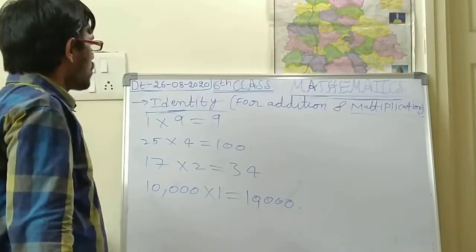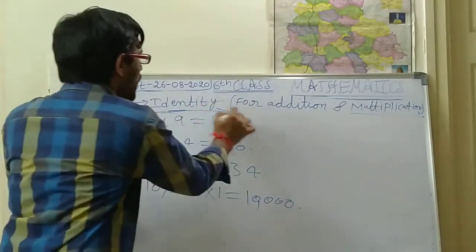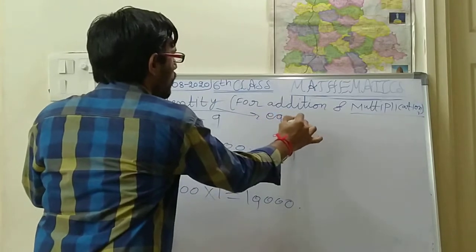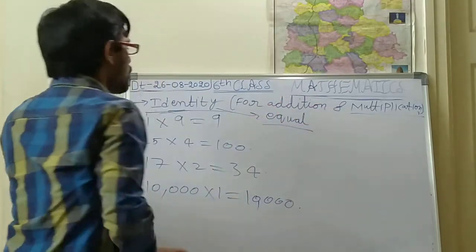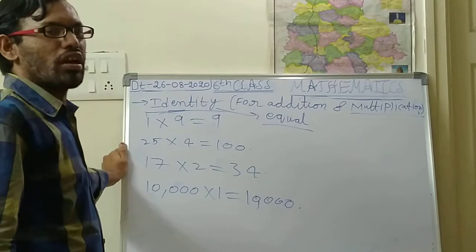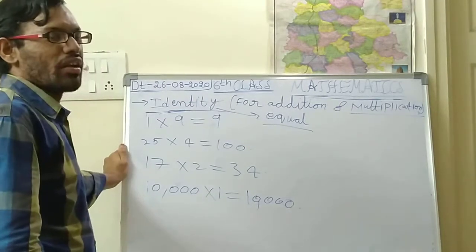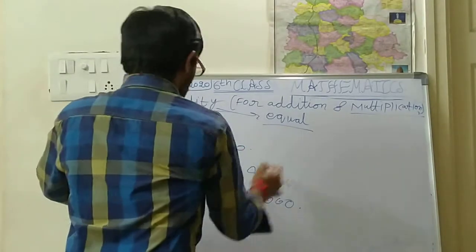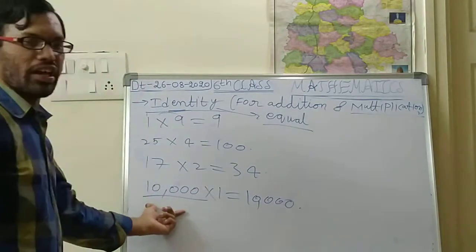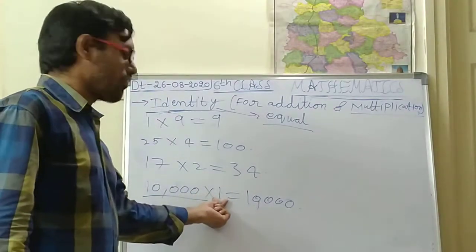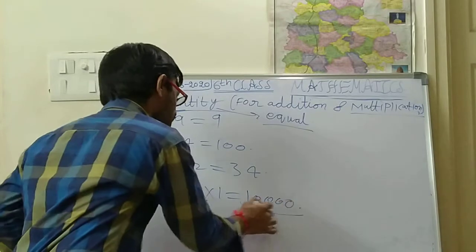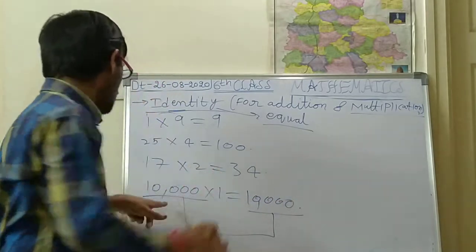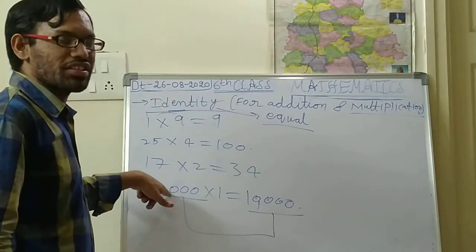Identity means equal. In multiplication, when you get a number equal to what you have taken, suppose you take 10,000 and multiply with 1, the result is the same as the number you took in the LHS part.